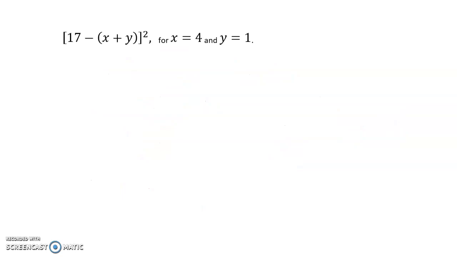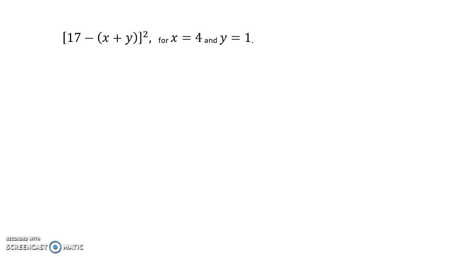Now let's look at this problem. We want to evaluate the expression [17 − (x + y)]² for x equals 4 and y equals 1. First step, plug in the given values for the variables.